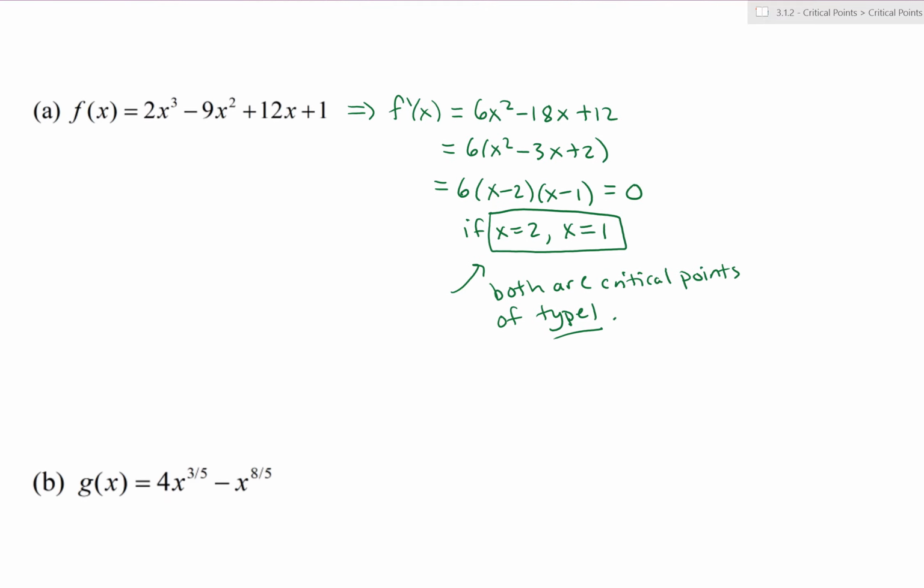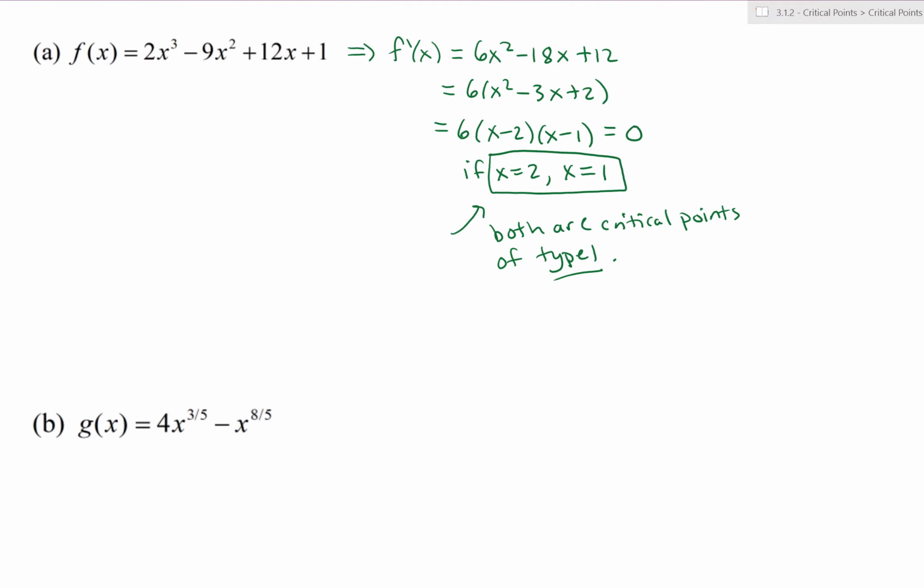Let's do one more. Here's one. This function g of x is 4 times x to the 3/5 power minus x to the 8/5 power. So we have two different terms in this function that have fifth roots involved. And we know that roots that have odd indices, right, cube roots, fifth roots, seventh roots, etc., those are going to be defined for all real numbers x.